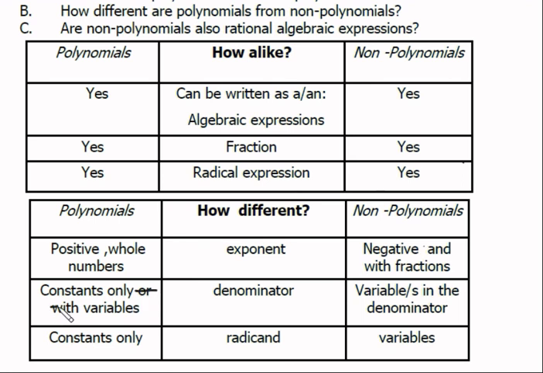Because if with variables, the variables in the denominator already have a negative exponent. So please bear in mind, polynomials have a constant denominator. That's all.